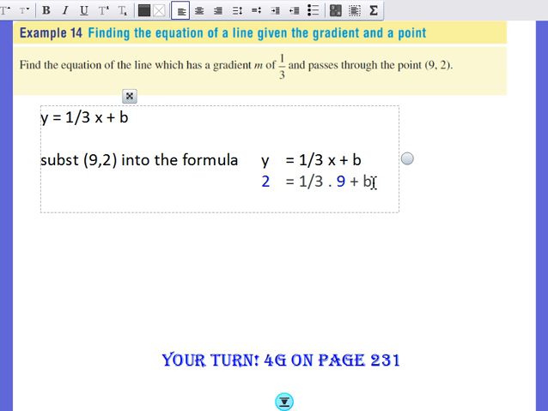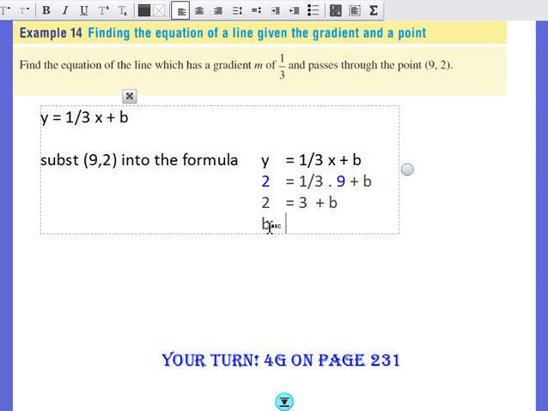Then I begin to notice it taking shape. I've got 2 on this side still, but when I look on the right hand side, what's 1/3 of 9? That's just going to be 3 plus, and I'm still left with the plus b there. So to find b, all I need to do is subtract 3 from both sides, so I'm left with b is equal to -1.